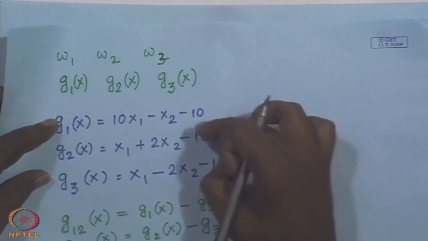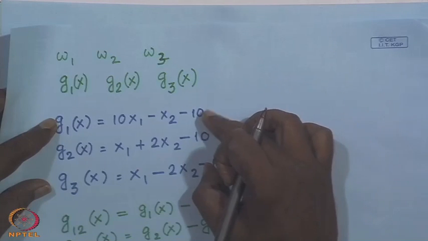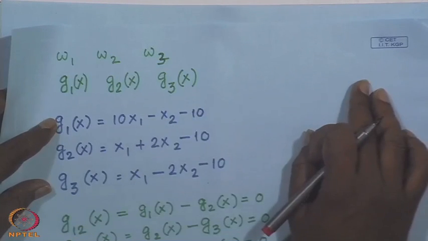Now, let us think of a situation where these discriminating functions themselves are taken as the decision boundaries.